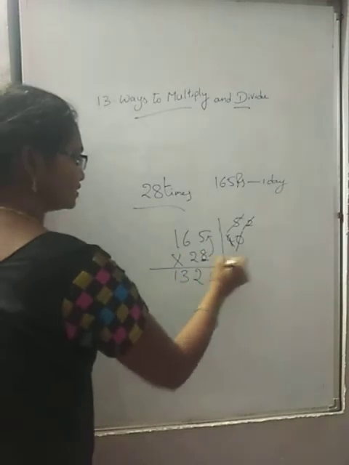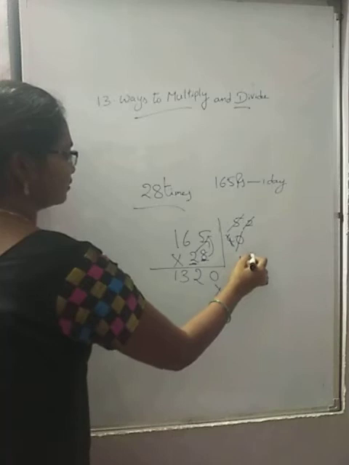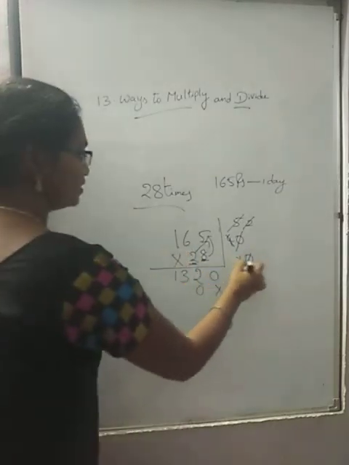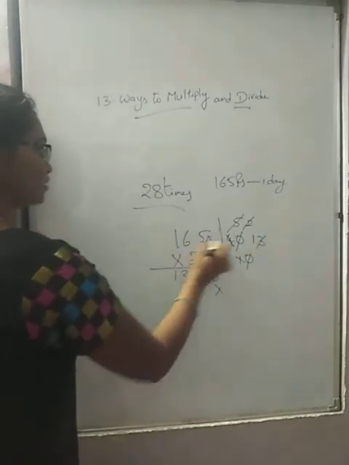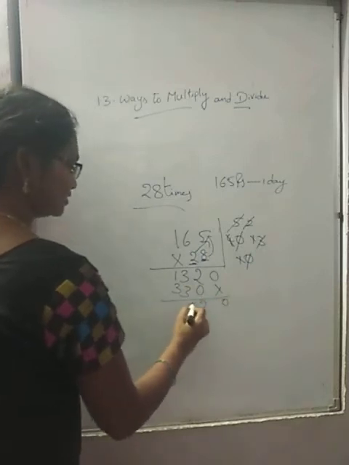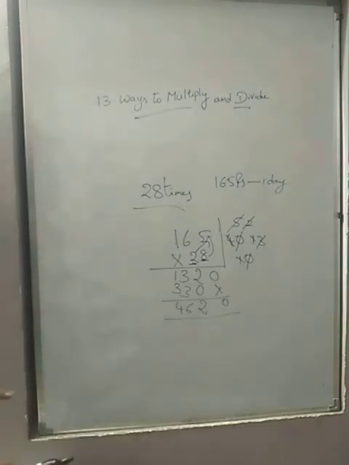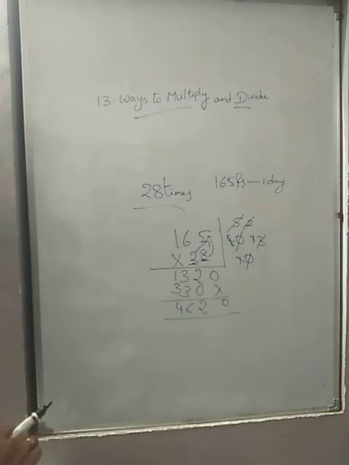Next 2 5s are, next we should go for the next one. 2 5s are 10. 2 6s are 12. 12 plus 1, 13. 2 1s are 2. 2 plus 1 is 3. Do the addition. Total how much money is he getting in 1 year? 4,620 rupees.